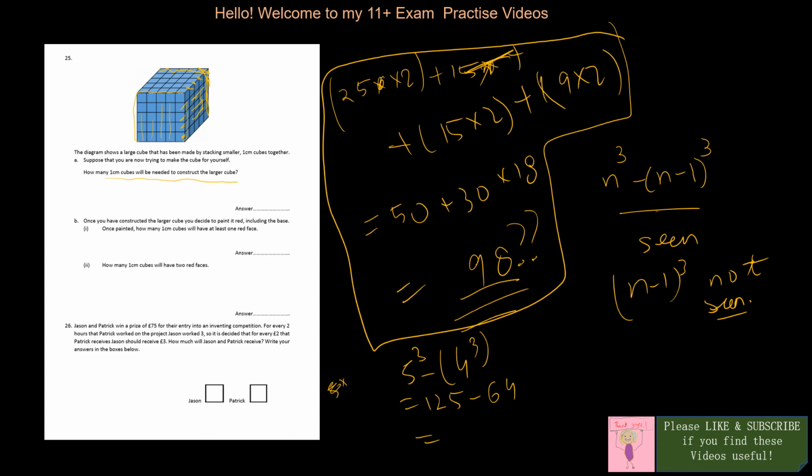That is 61, plus n minus 1 cube, and that is 5 minus 1 cube, that is 4 cube, that is 64. Okay, so it should be 61 plus 64, it is 125. So your answer should be 125.